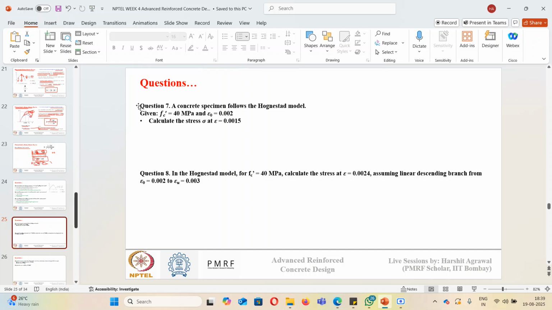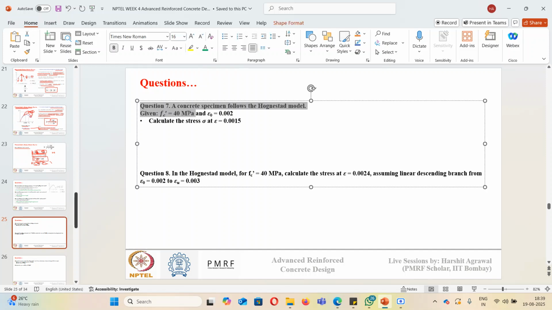Okay. Now, just try to calculate this stress. Try to solve this question. In this question, we have a concrete specimen which follows a Hognestad model. We are given the ultimate cylindrical strength of concrete as 40 MPa, and the strain at this is given as 0.002. So this is the ultimate strain. I will write epsilon dash so that it is not confusing.